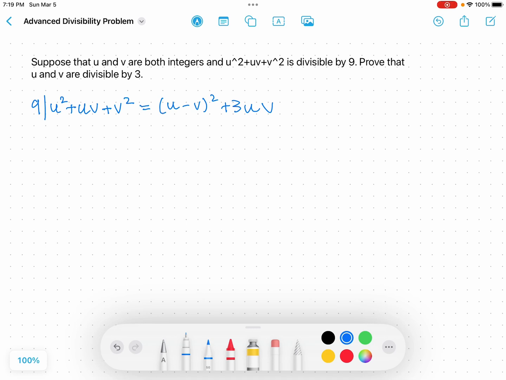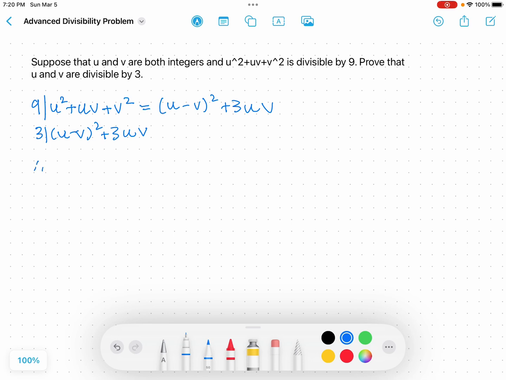So, what do we do now? We can also get that 3 is going to be a factor of (u minus v) squared plus 3uv. This is obvious because 3 is a factor of 9.